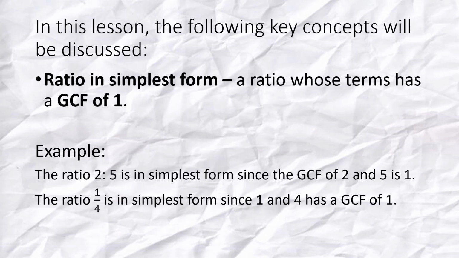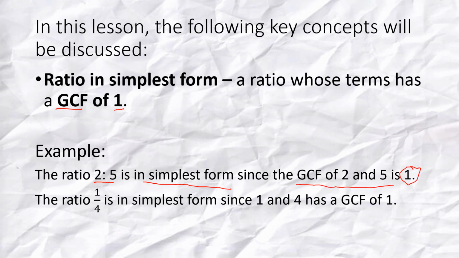Ratio in simplest form. A ratio whose terms have a GCF, or greatest common factor, of 1 means that the two given terms are already in their simplest form, or in the lowest terms. For example, the ratio 2:5 is in the simplest form already, since the GCF of 2 and 5 is 1.